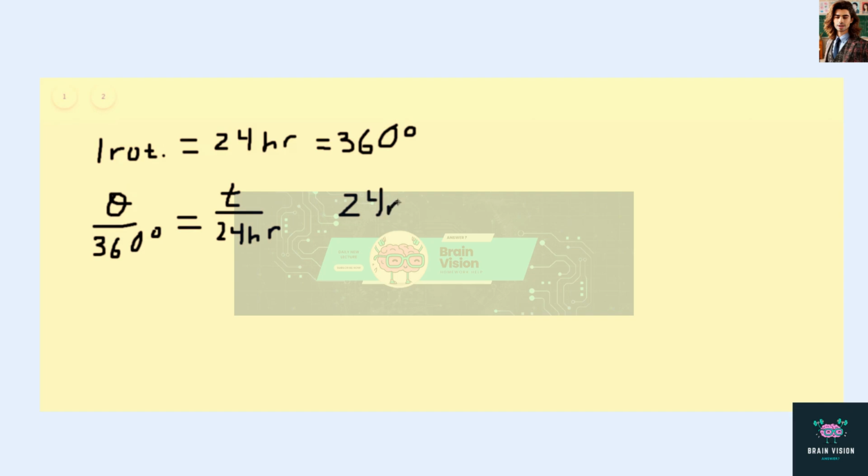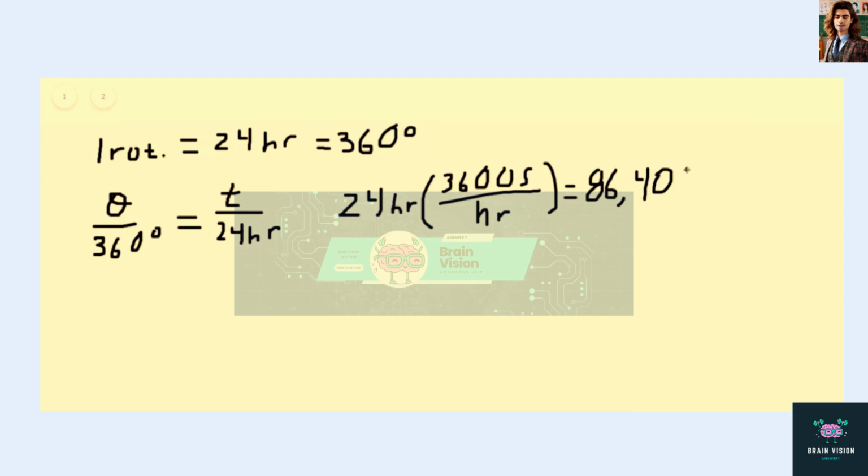So 24 hours, HR, multiplied by the number of seconds in 1 hour, which is 3,600 seconds per hour, will give us the time in 24 hours, which comes out to be 86,400 seconds. Okay, so now we have everything we need to solve for time t.